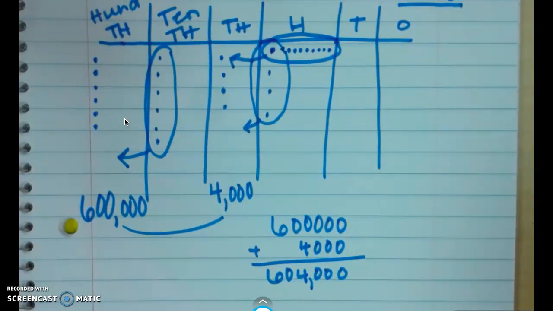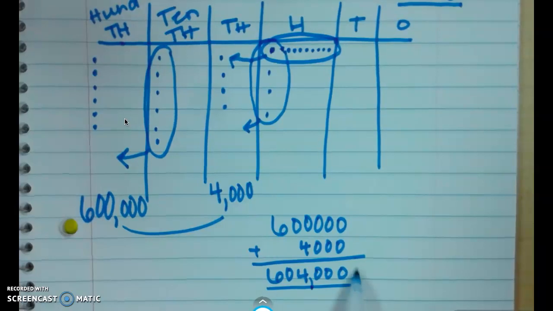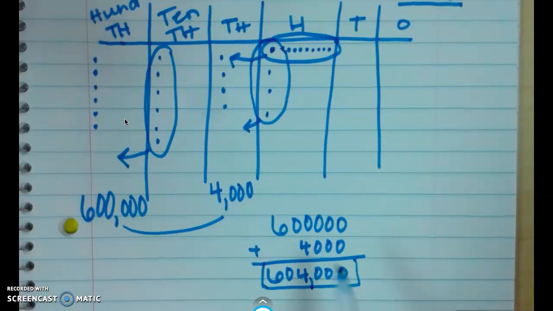So 6 10,000s, 4 hundreds times 10 is 604,000. Or I could say it as 600,000 4 thousands. This is the standard form, 604,000.